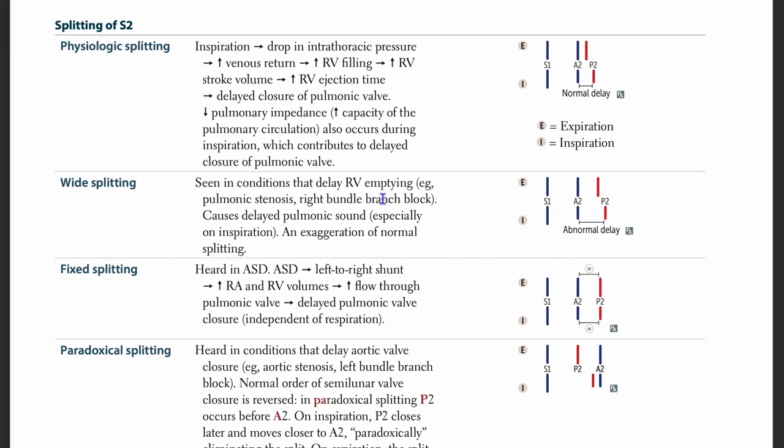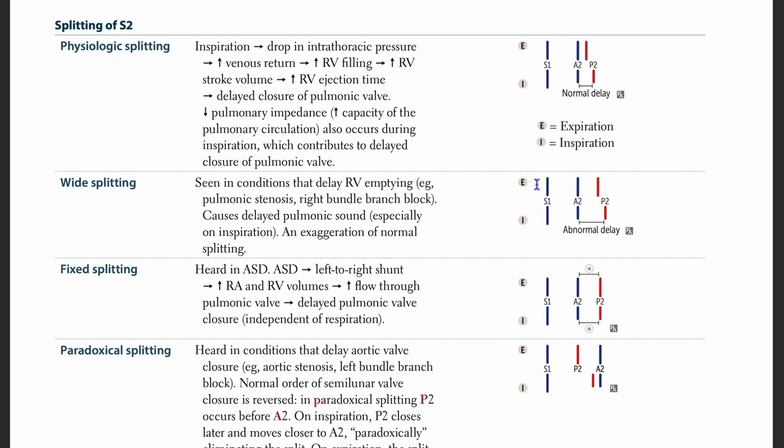So it's seen in right bundle branch block, and pulmonary stenosis causes a delayed pulmonic sound, especially on inspiration, and exaggeration of normal splitting.